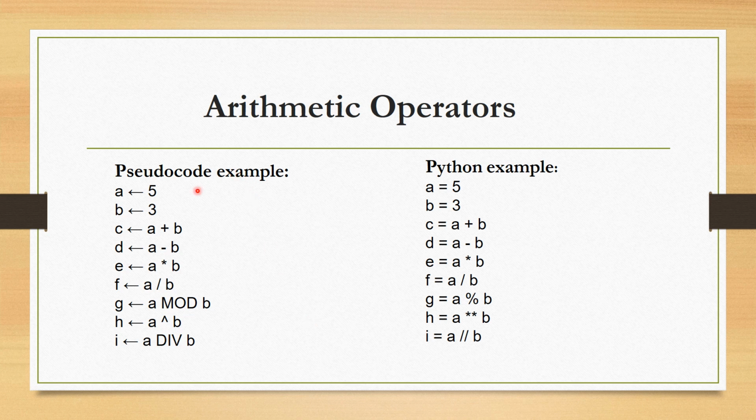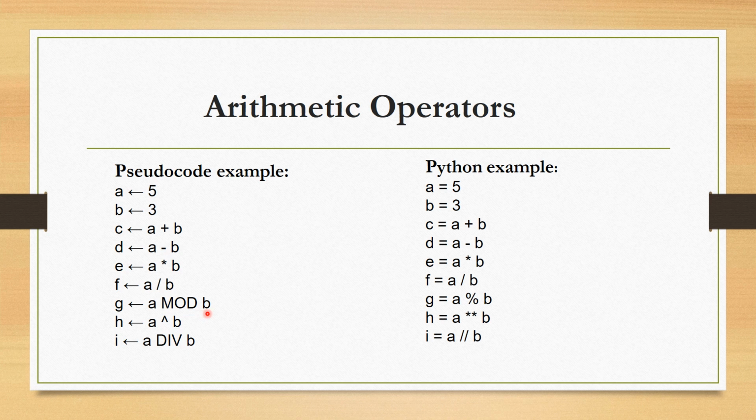As I have mentioned, in this way we can use these operators. A plus B will return the value to C. A plus B is 5 plus 3, 8. 8 will be stored in C. A minus B is 5 minus 3, 2. 2 will be stored in D. 5 multiplied by 3 is 15. 15 will be stored in E. A divided by B will give you 1.6 or so.